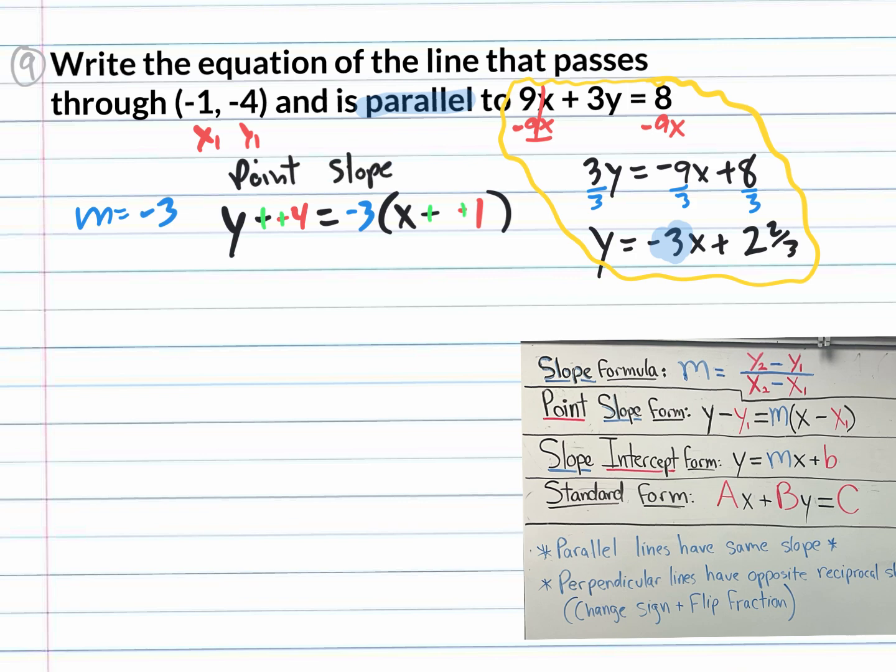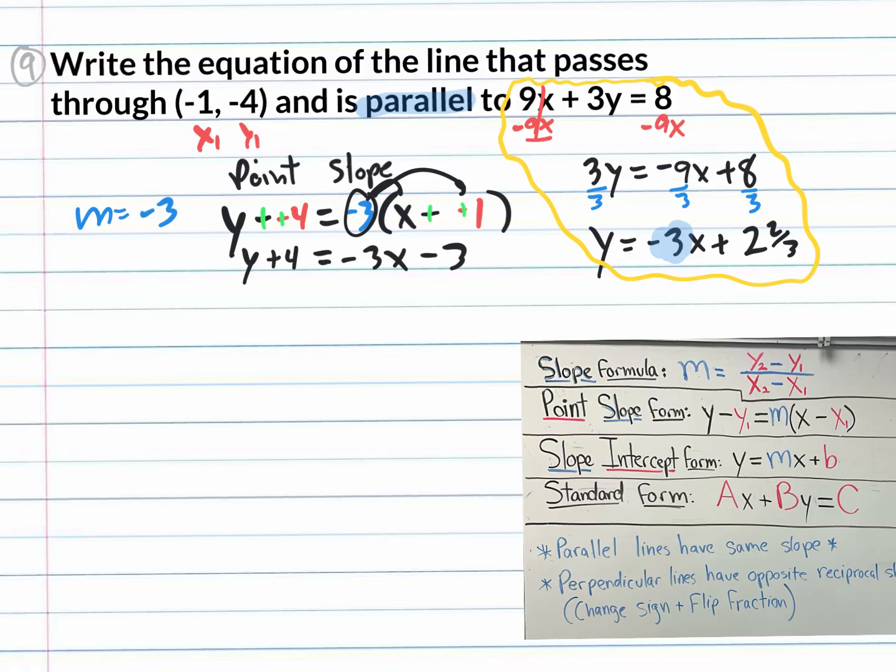Now, if you want to change it from point slope to slope intercept, you have to get rid of the parentheses by distributing the m, and then get rid of this value by doing the opposite and moving it to the other side. So let's get rid of the parentheses by distributing the -3. -3 times x is -3x. -3 times +1 is -3. Bring down the equal sign, bring down the y plus 4.